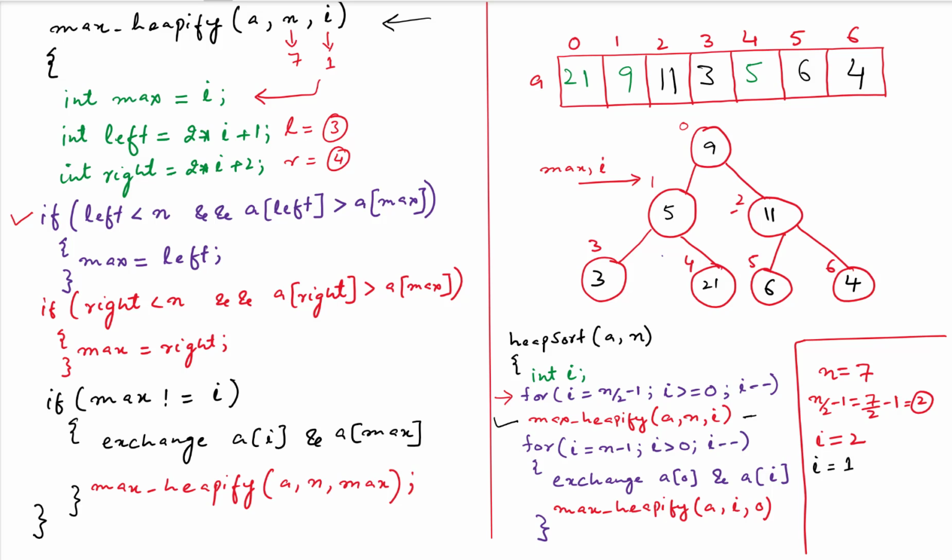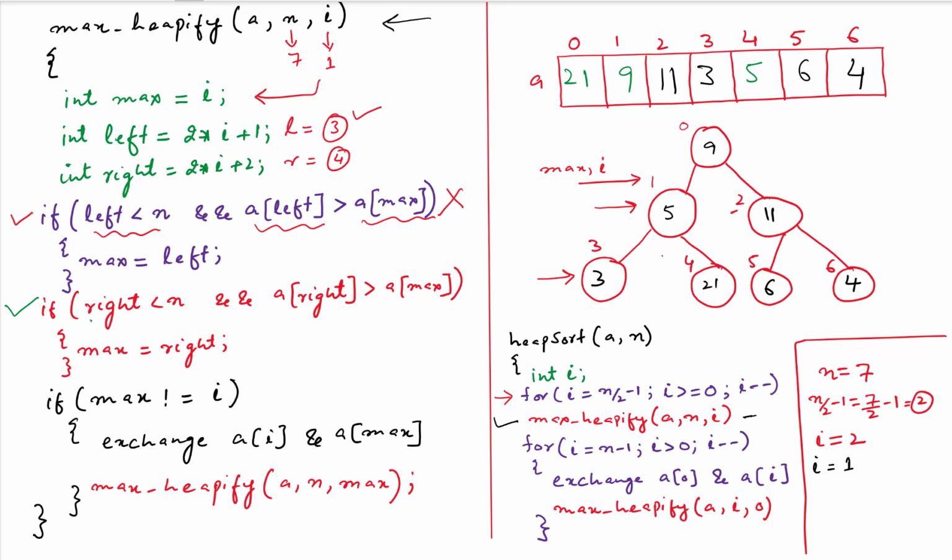If left is less than n, yes, that's true, and if a of left, that is a of 3, which is this element at index 3, is greater than a of max, this element which is having value 5, no, that's not true. So this if condition will not work. Then we will come down, and the next if condition will be checked.